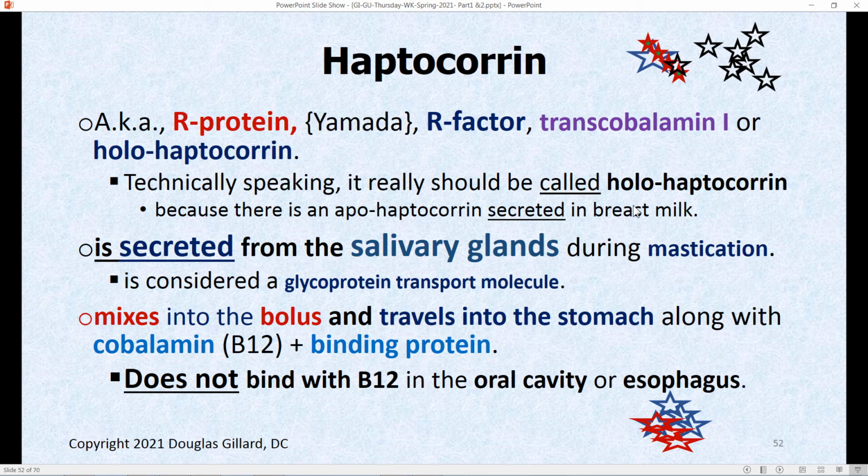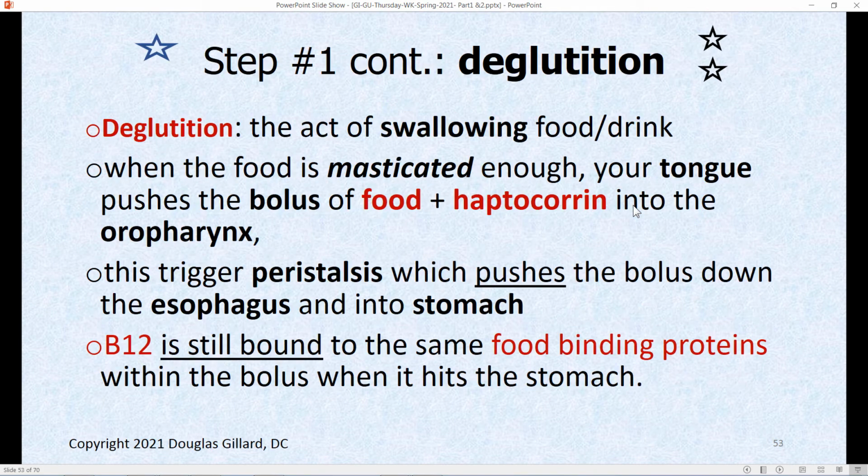All right, so it's secreted from salivary glands when you're chewing up the food or eating the egg that's high in B12. It mixes in with a bolus of food, all the food smashed up in your mouth, and you swallow it. So the haptocorrin goes down with the vitamin B12, which is still bound to the food binding protein, into the stomach.